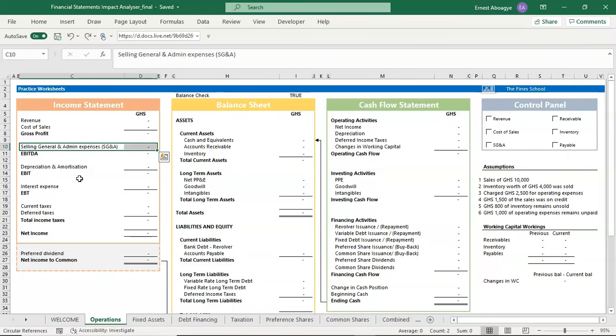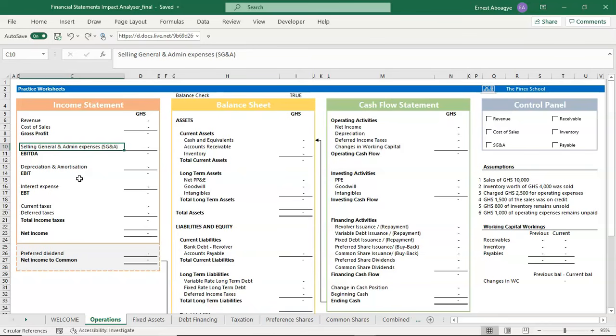So, for example, it can be advert costs, it can be salaries of administration staff, it can be legal fees, it can be office supplies, though they are relevant, but they are not related to production. And that's why they come down at selling, general, and administrative expenses. They are the non-production related costs. Now, let me say that just as revenue can have other revenues, expenses can also have other expenses which are also not related to production.